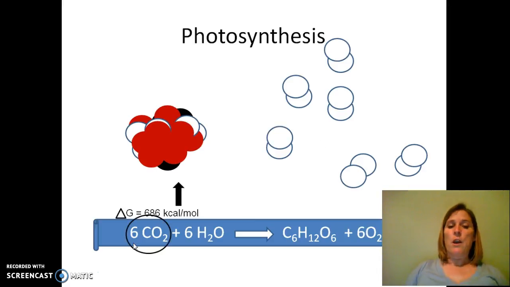So let's review. We've got carbon molecules coming from the carbon dioxide and our hydrogen and oxygen coming from our water. Remember, water and carbon dioxide are essential for the plant to go through photosynthesis. That carbon dioxide is going to come in through the stroma of the leaves.